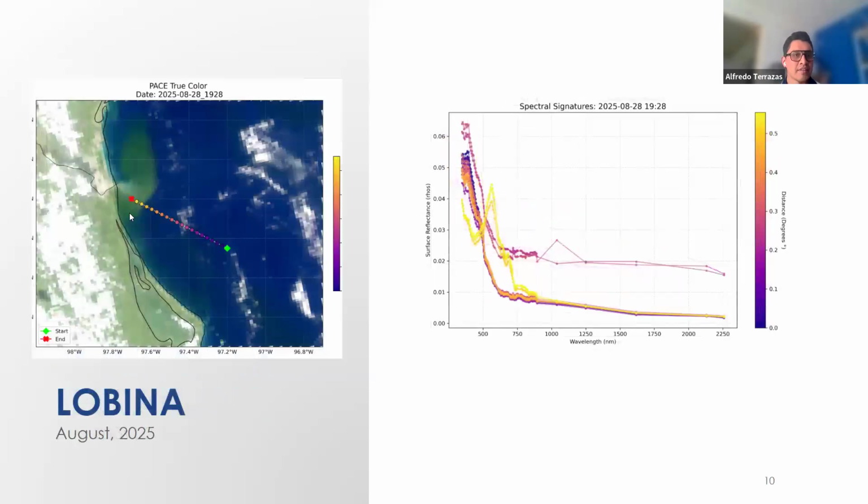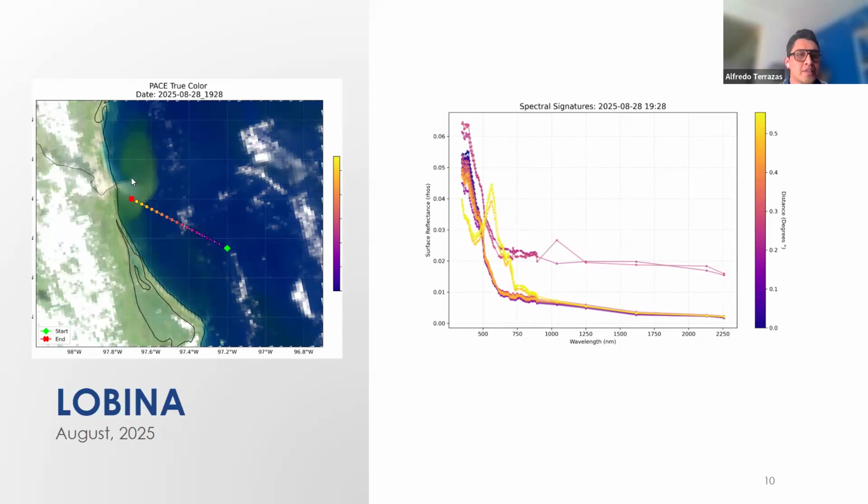Finally, this event at Lovina, this one is in the Gulf of Mexico, has this peak at 1,000. It is some of the points around here. Also, we talk about what we see here in the true color figure, because there are some colors.